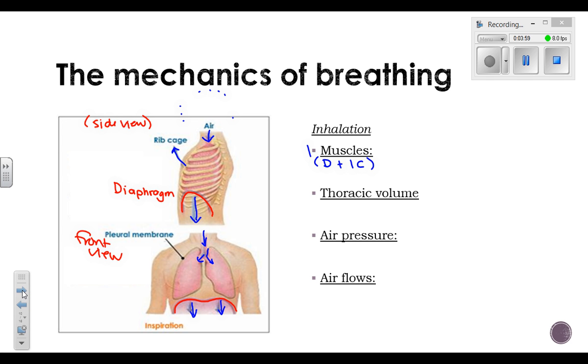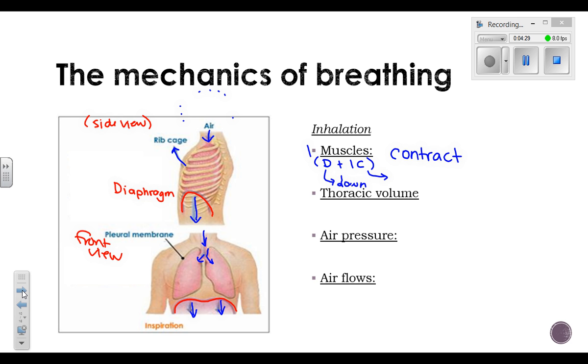So your diaphragm, which is below your rib cage, and your intercostal muscles, which are the muscles between your ribs, they contract. Now, when these muscles contract, it makes the structures that they're attached to move. The diaphragm, like we saw in the picture, moves down.